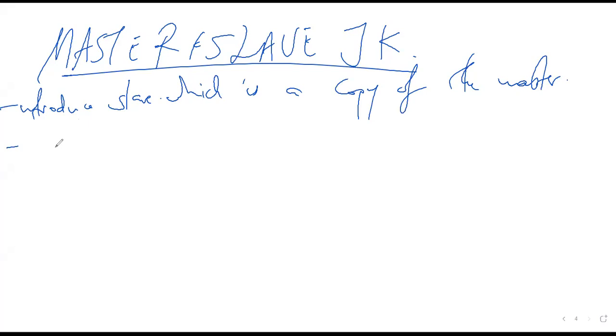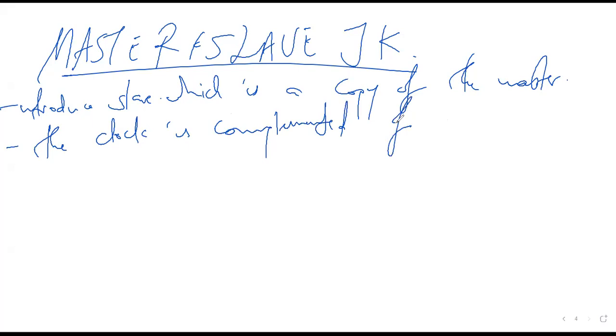Now there is a change on the clock, however. The clock is complemented for the slave. So basically, this is what happens. We have my JK. J, my clock, triggered edge. We have my K. We have my output.